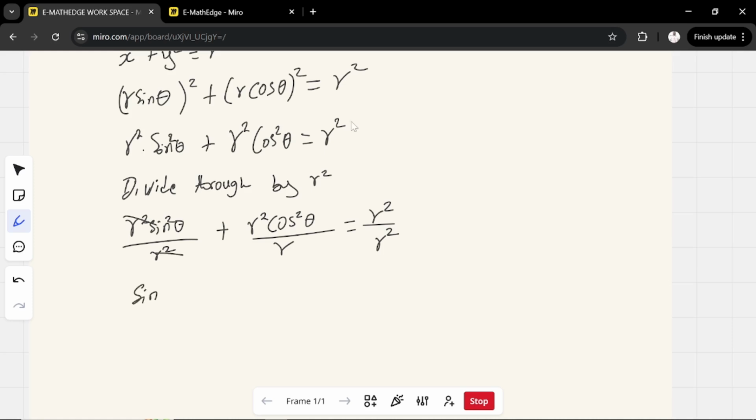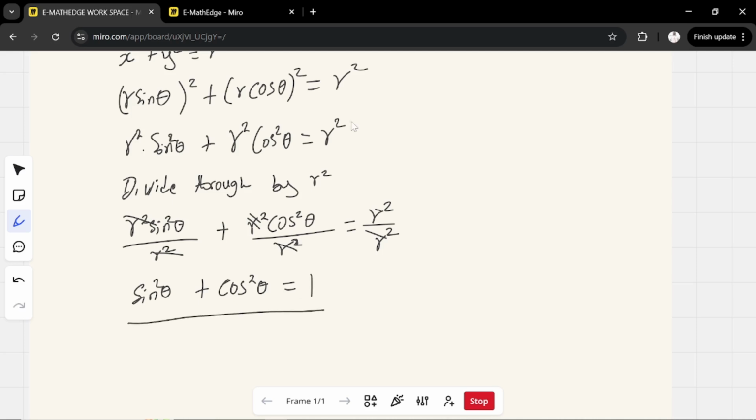We will be left with sine square theta plus, r square will also go with r square in this case, such that we will be left with cos square theta. Now r square divided by r square is going to give us 1.